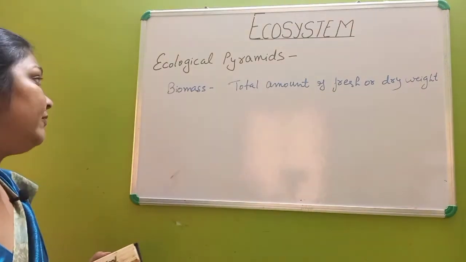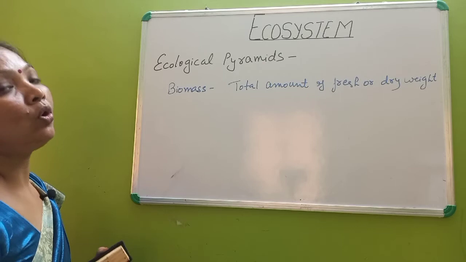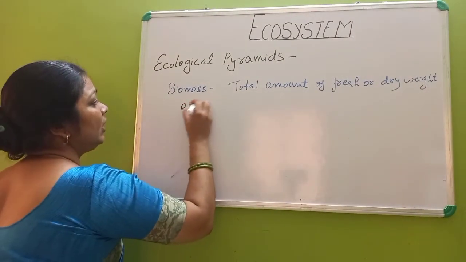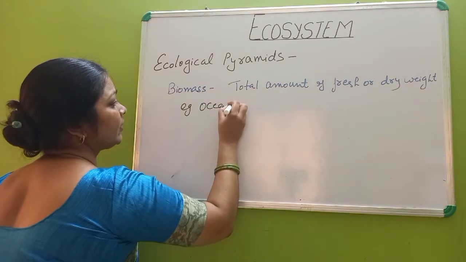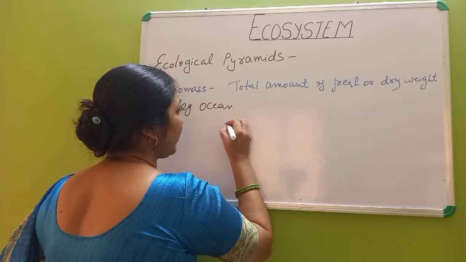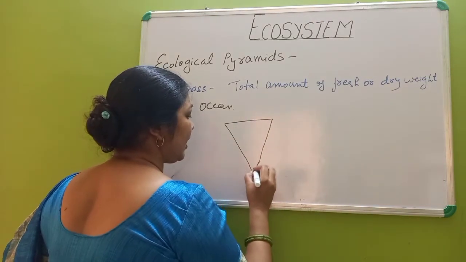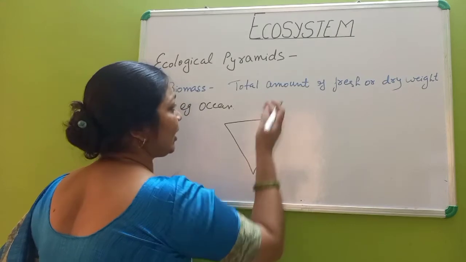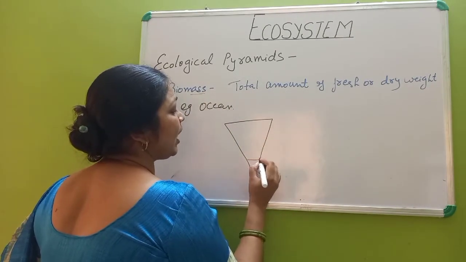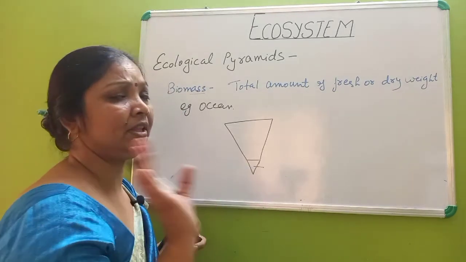For example, if we take an example of a pyramid in an ocean ecosystem, then you will see that this is always inverted, because we are looking at it according to weight. The producers are planktons and they are numerous in number, that is true.